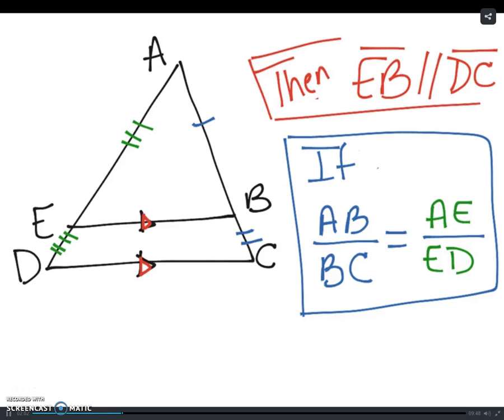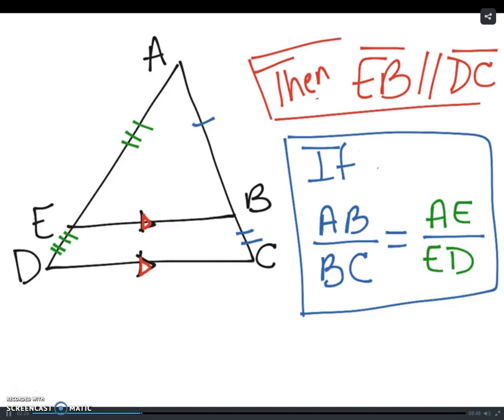Okay, EB and DC had to be parallel. And so that's going to be really helpful as we go through and we just have measurements of parts of the triangle and we need to find out the measurements of other parts, or we want to know, do we have two parallel lines? And so it's really nice that we can do that, and that is the triangle proportionality theorem and then the converse of the triangle proportionality theorem.